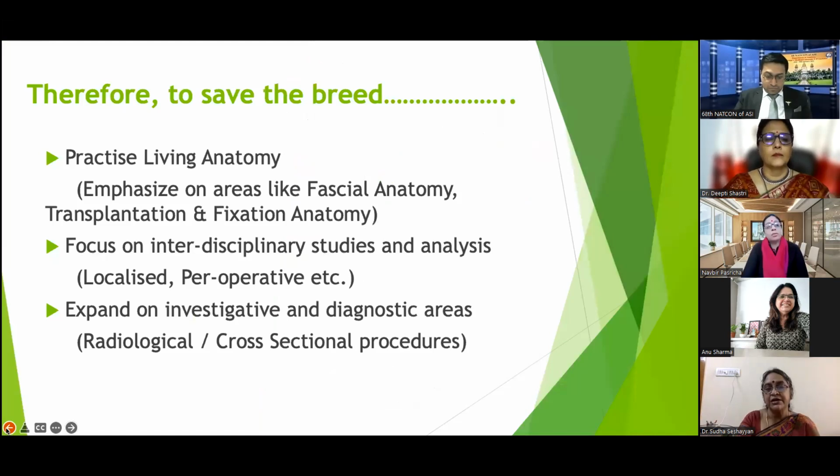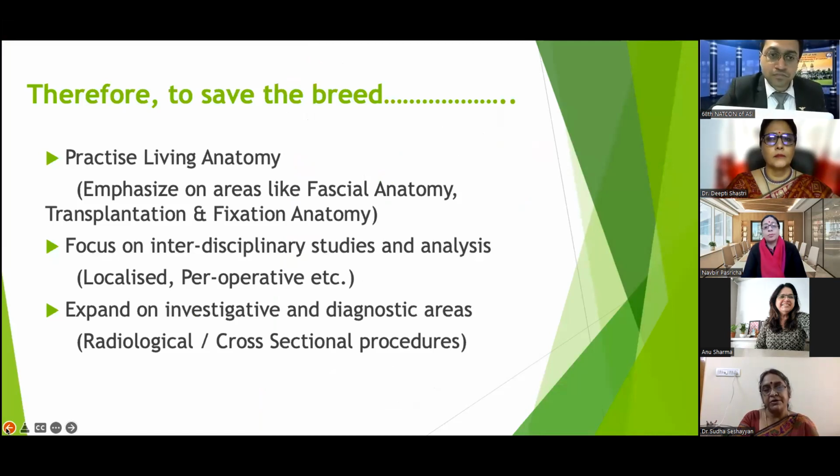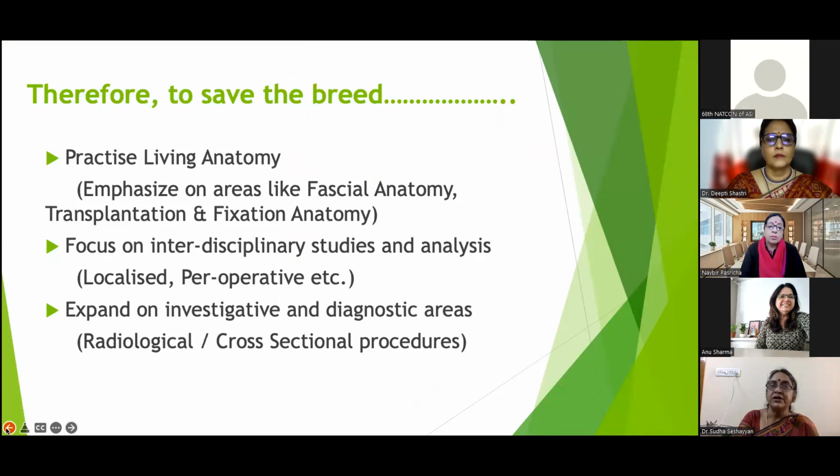Similarly, expand on investigative and diagnostic areas. Now, this is a little tricky and touchy. I know I'm touching a very sensitive zone. Years ago, some of my own colleagues in anatomy had been practicing ultrasonologists. They had practiced ultrasonology, they had practiced investigative radiology.